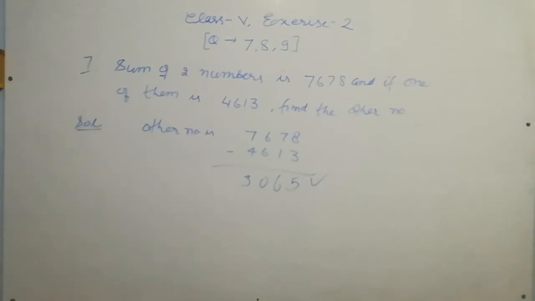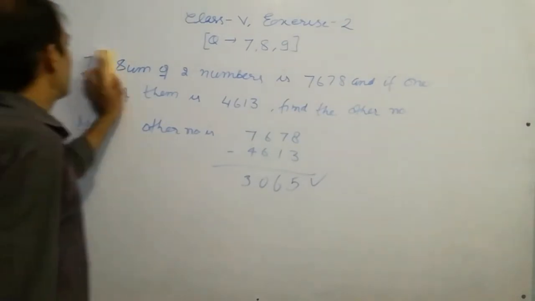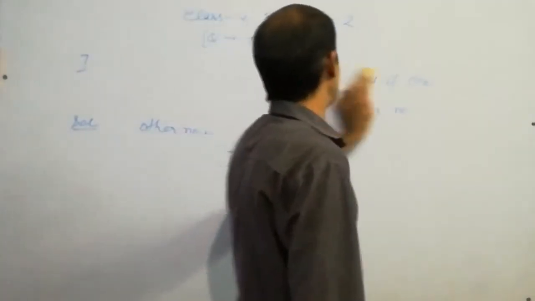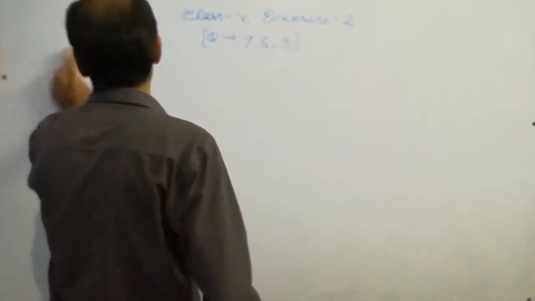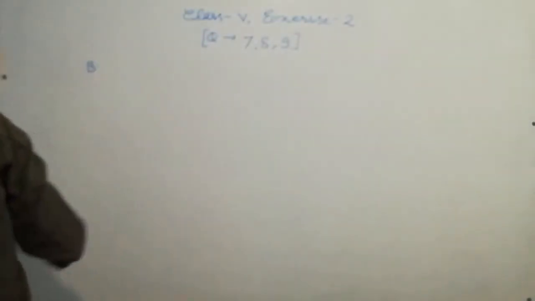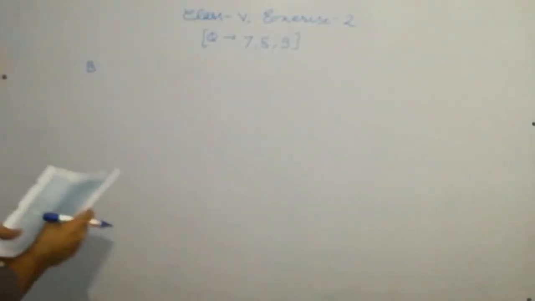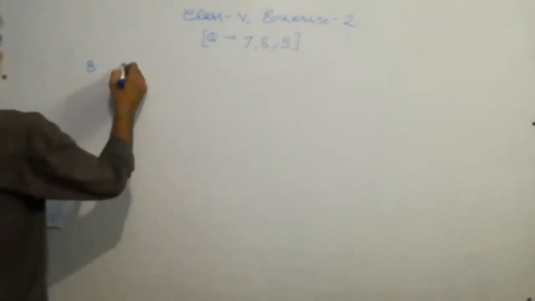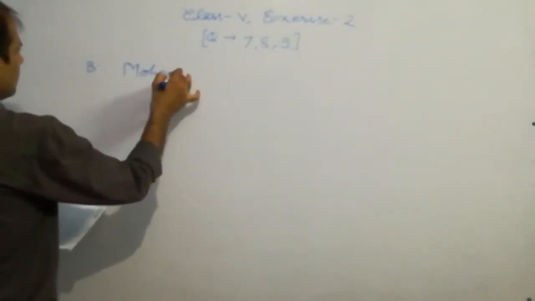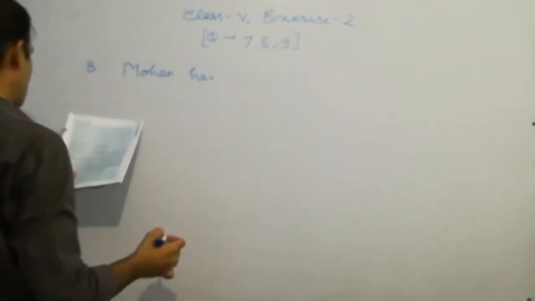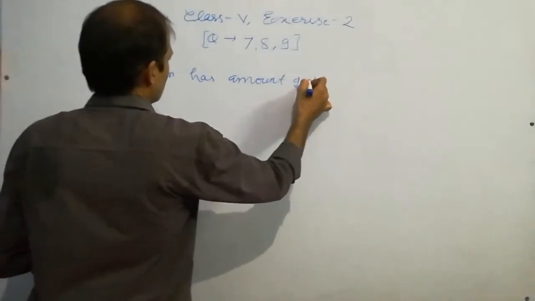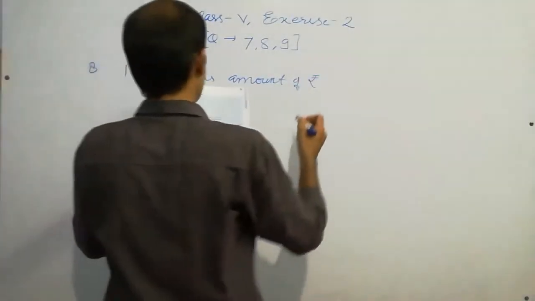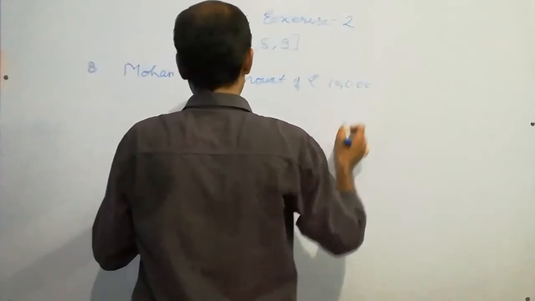Question number 8. That is about addition and subtraction both. It means you have to perform both addition and subtraction. 8th question. So I write the question. Mohan has an amount of rupees 10,000.